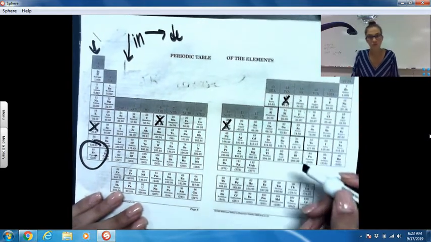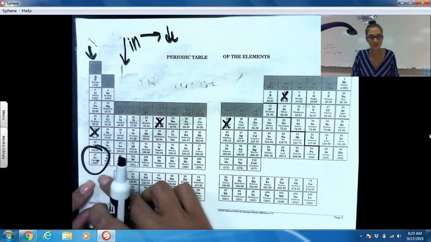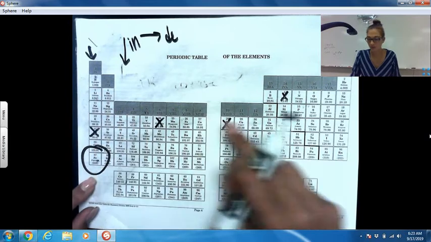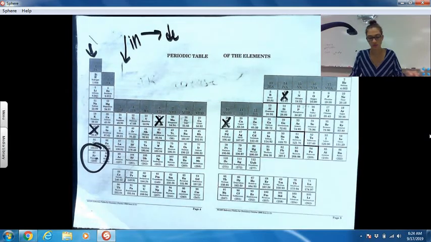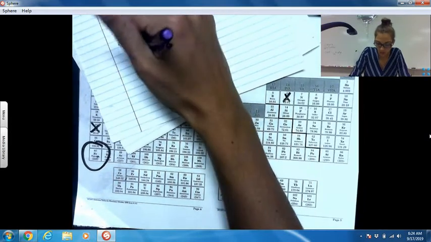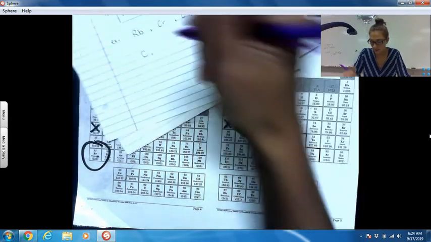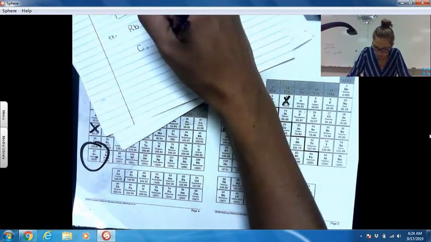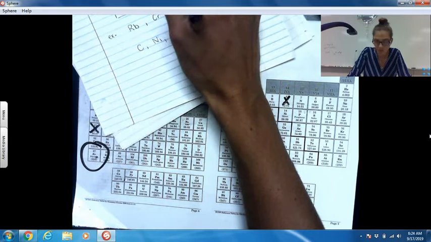So whichever one is closest to francium is going to be your largest, and then going in order to your smallest. So this question asked from small to big. So carbon, and then, what is that, nickel, then chromium, and then rubidium. All right, that's our first trend.